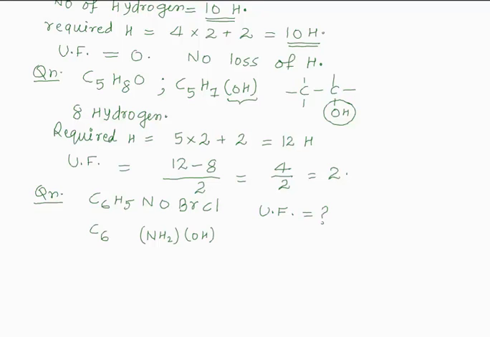So we have basically clubbed 3 hydrogen, so we will have C6H2BrCl, and halogen will be counted as a group. So we have 2 hydrogen plus 1 is 3, plus 1 is 4, 5, 6. So we have 6 hydrogen. And how many hydrogen are needed? We have 6 carbon. For 6 carbon, 6 into 2 plus 2, that is 14 hydrogen is required.